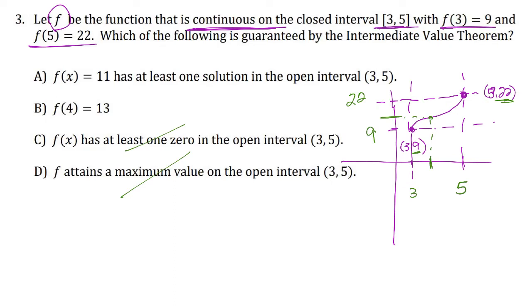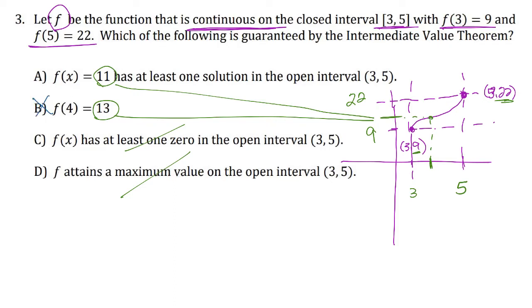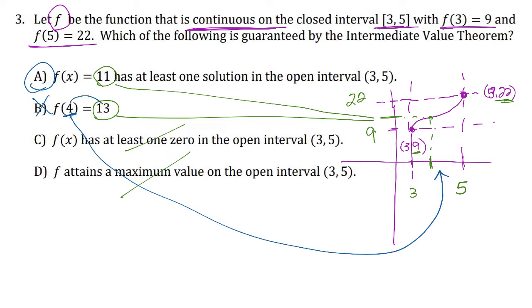Now, notice that A and B are worded very similar, and notice that 11 and 13 both fit between 9 and 22. Now, we all want to say that the answer is B, but actually it's not. The right answer is A, because even though 4 does fit the whole idea that we're between 3 and 5, we don't know that f at 4 maps straight to 13.